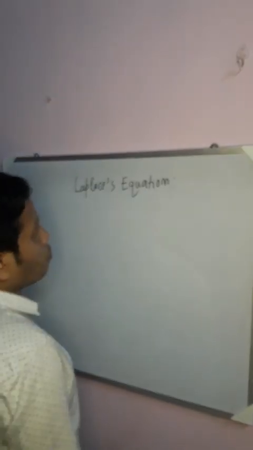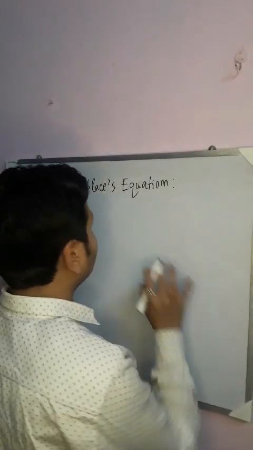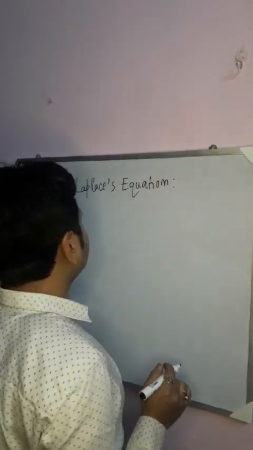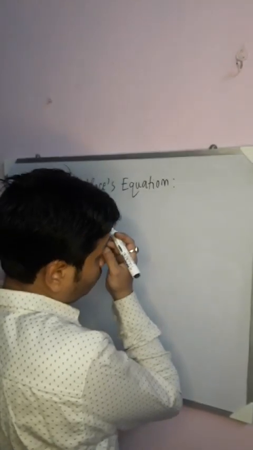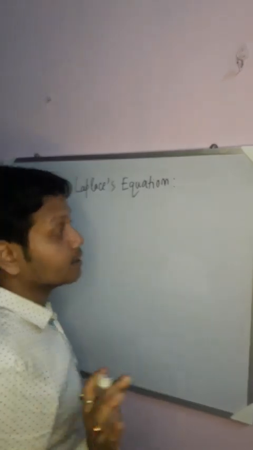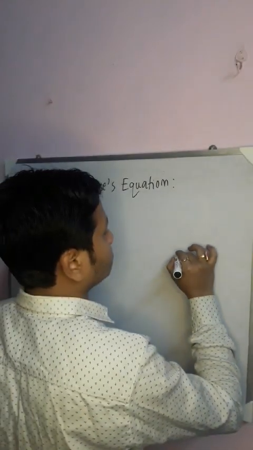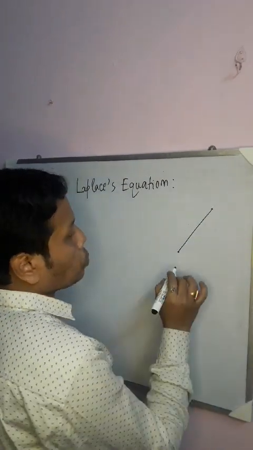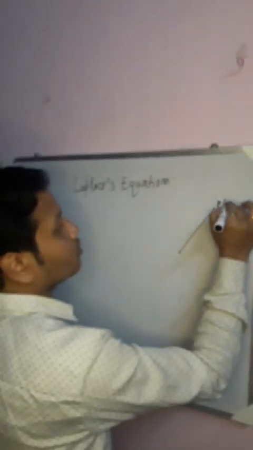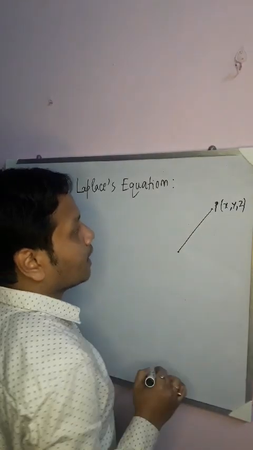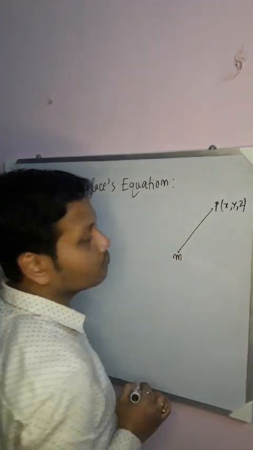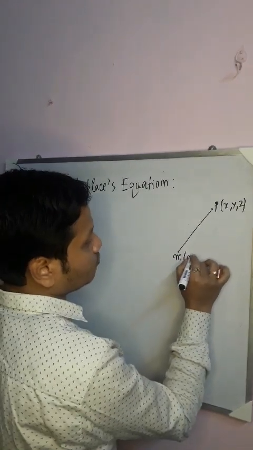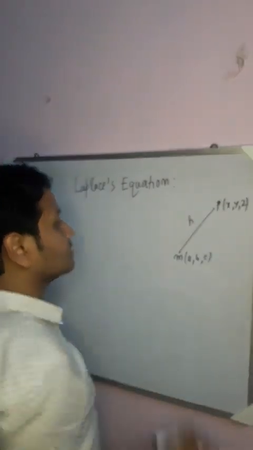In order to find Laplace's equation, we have to consider a system of attracting particles. Suppose this is a point P whose coordinates are x, y, z, and we take one particle of mass m whose coordinates are a, b, c, and this distance is r.